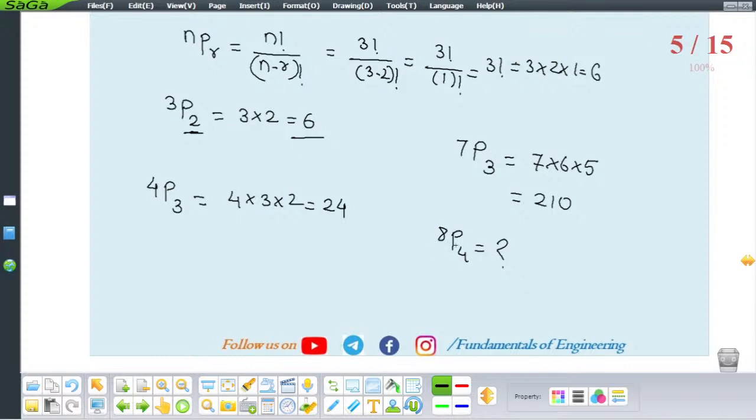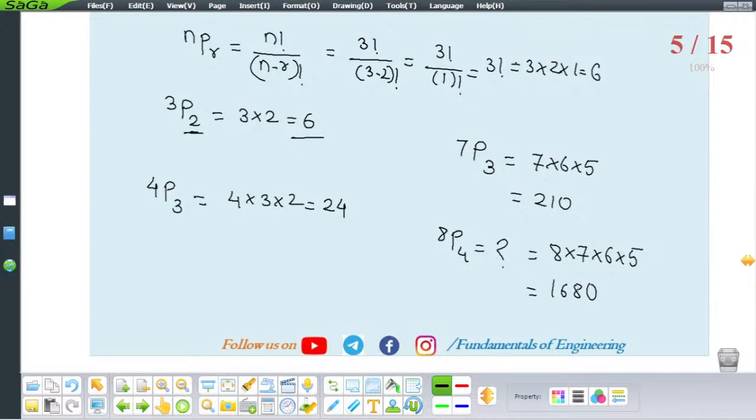So what we have to do? We have to write in a reverse manner. So 8 into 7 into 6 into 5. Now tell me what is the answer for this one. 1680.